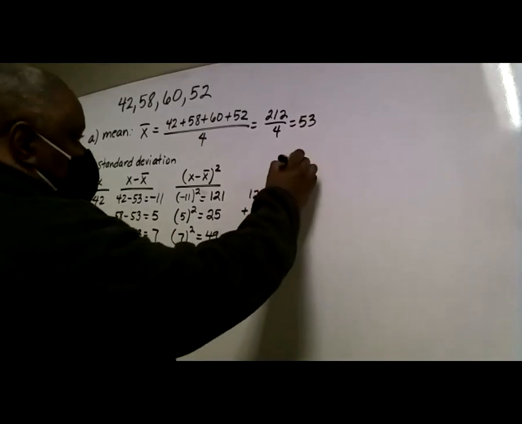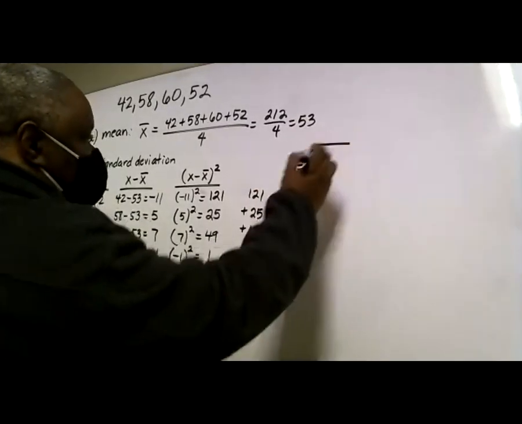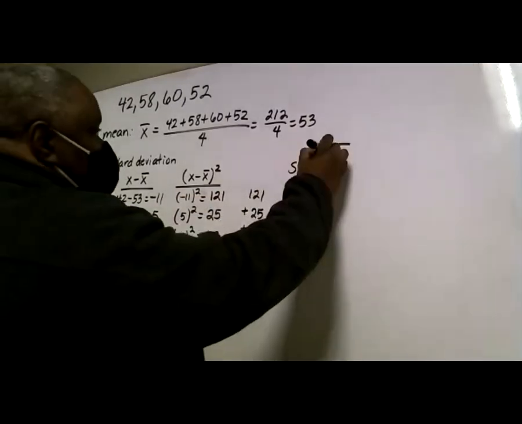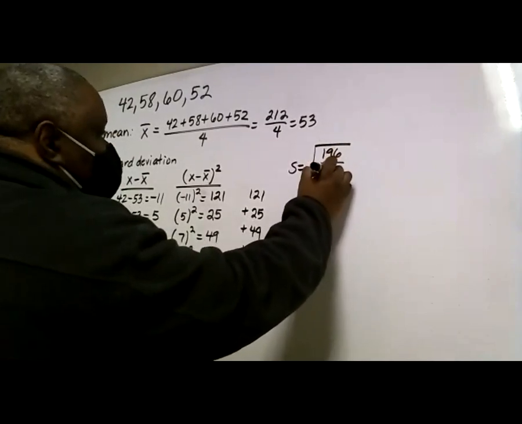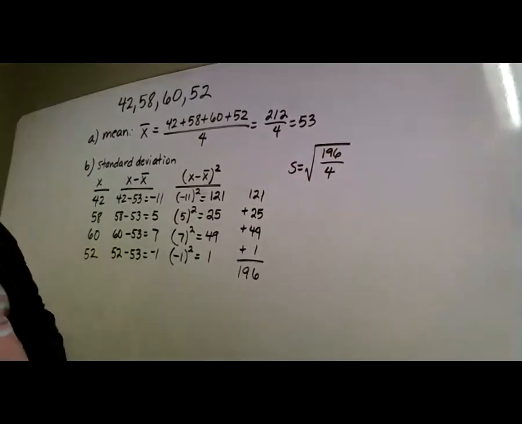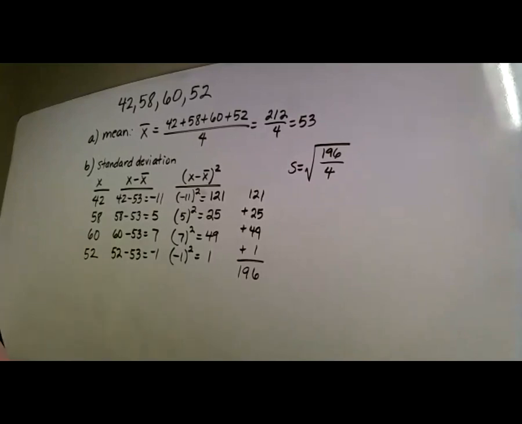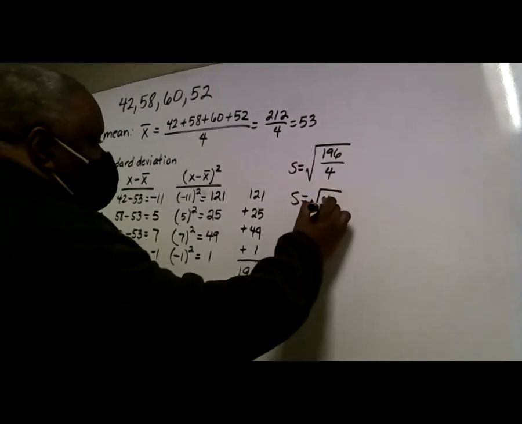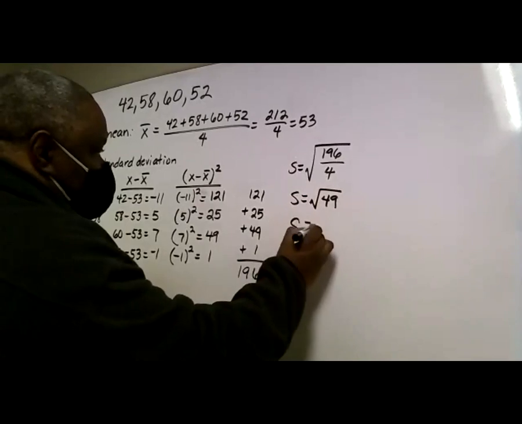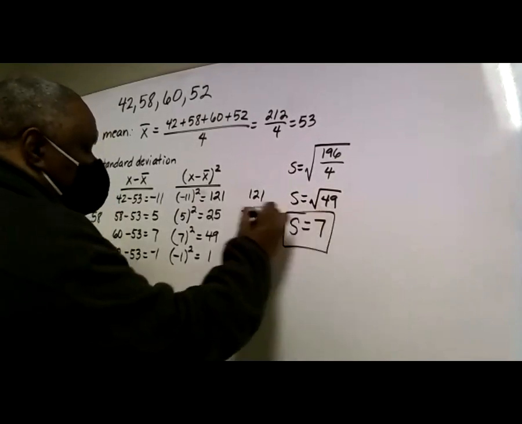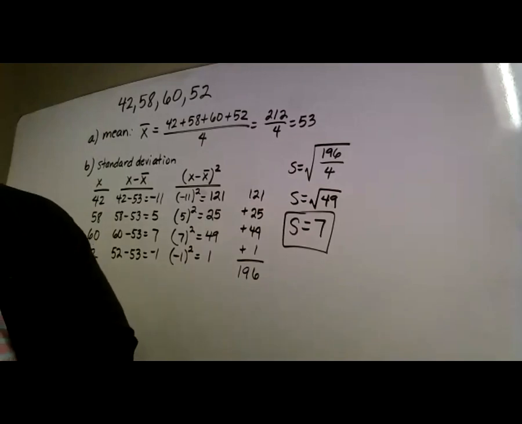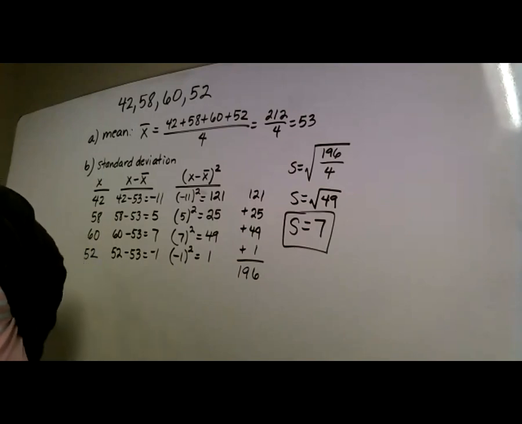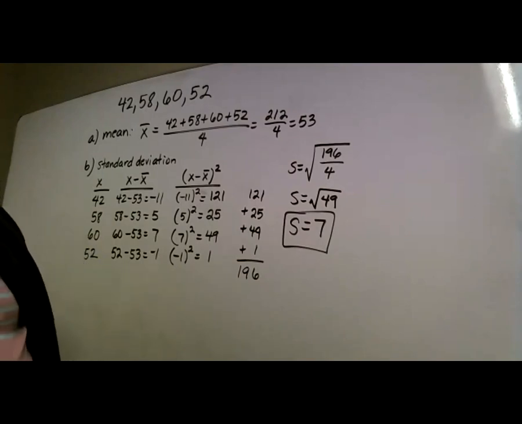And then that's where I use S equals the square root of the sum, which came out to be 196, divided by n, which is 4, because there were 4 data values here. What's 196 divided by 4? 49. Then we take the square root of 49, which is 7. This represents the standard deviation of this entire data set. That's how the data is spread out.